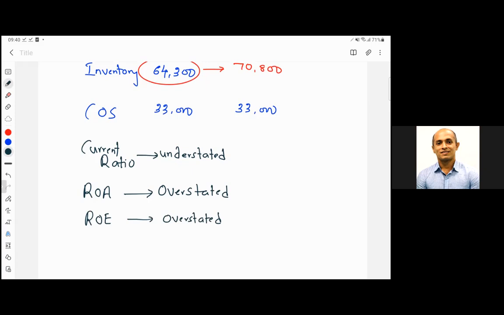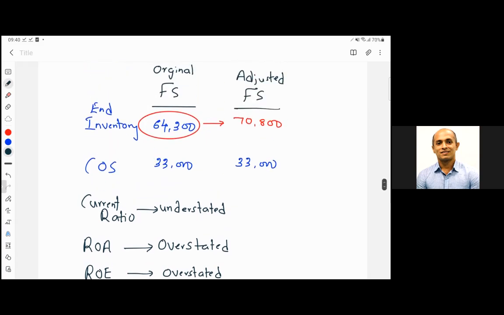Because when the total assets are understated, the equity value is also understated, so the return on equity is overstated. Right. So that's why we need accounting analysis.